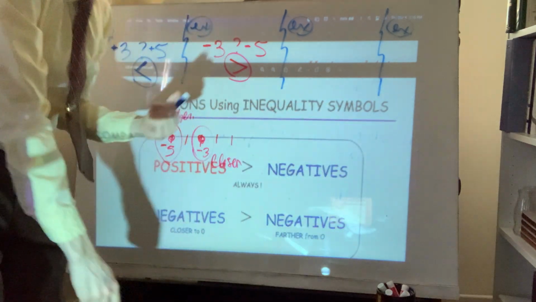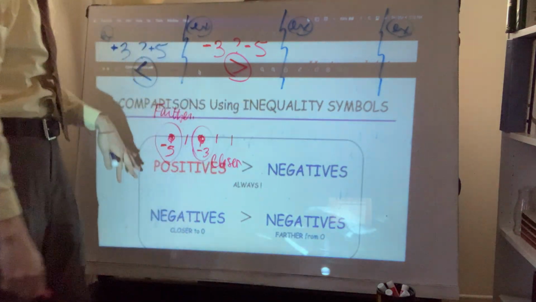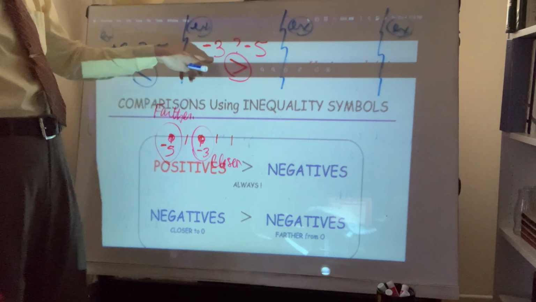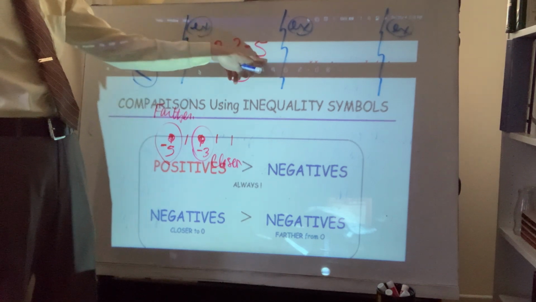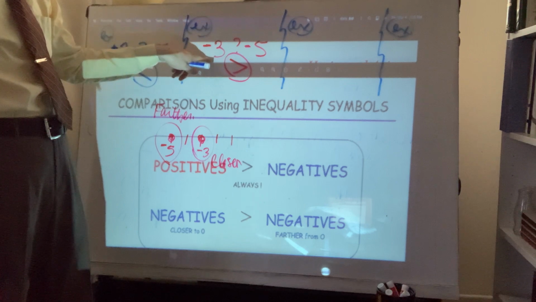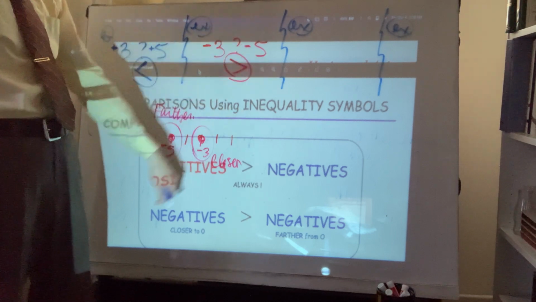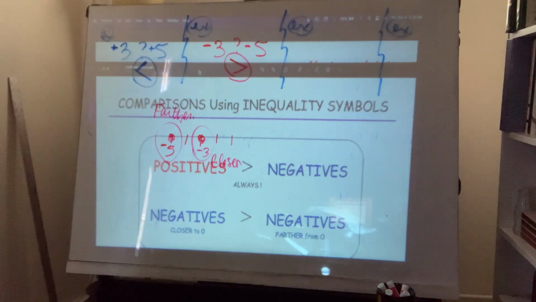You don't have to draw a number line every time as long as you memorize these 2 relationships. This is a smaller magnitude than this, but this is closer to the positives. So by default, this is greater than that. It's not as severe, if you will.